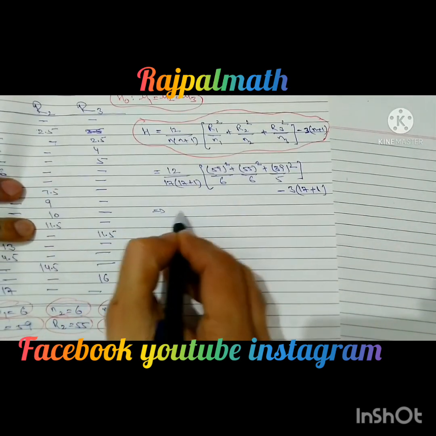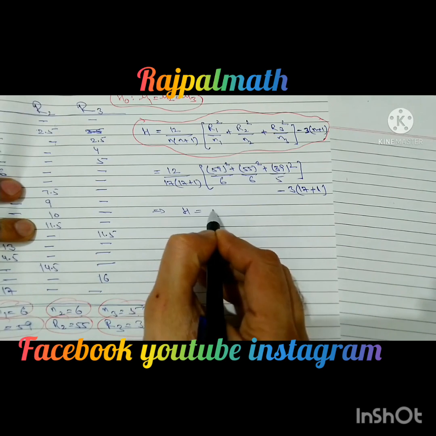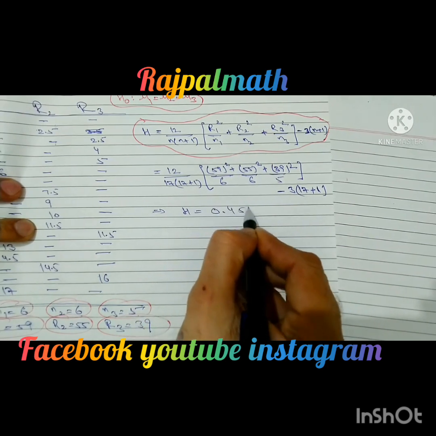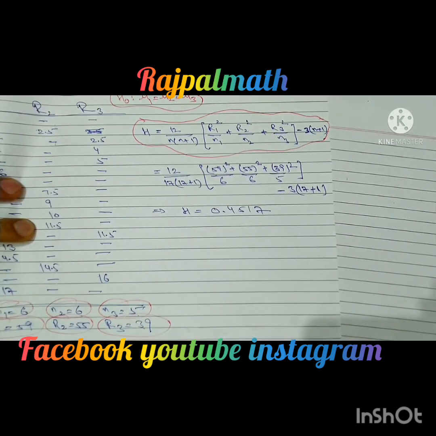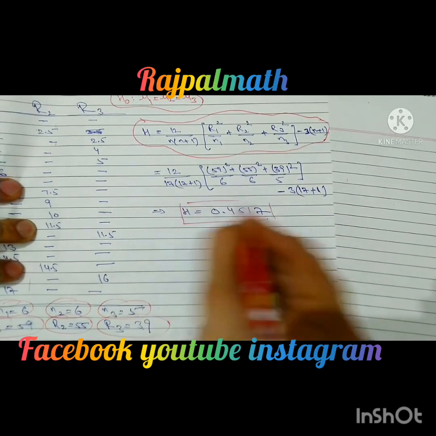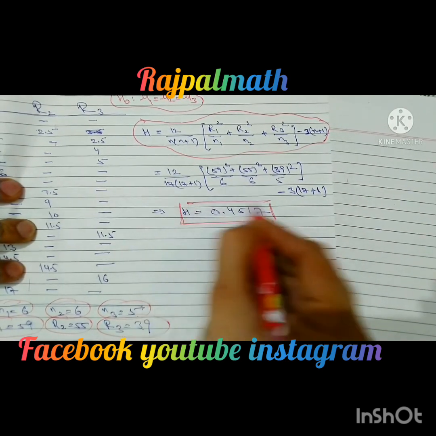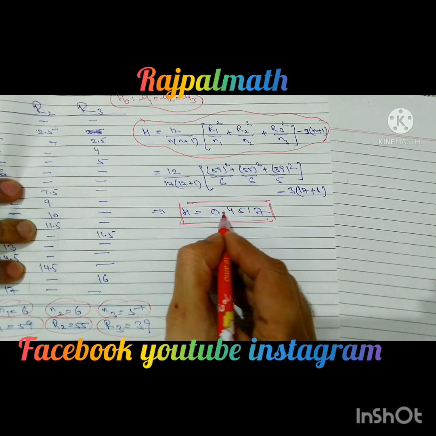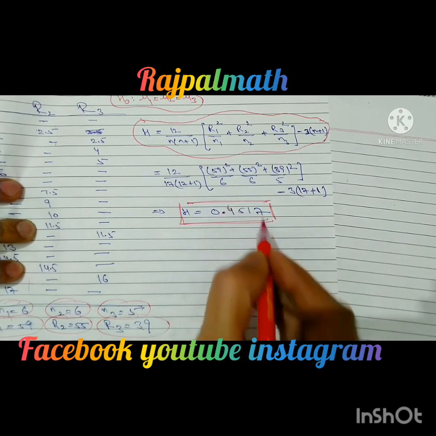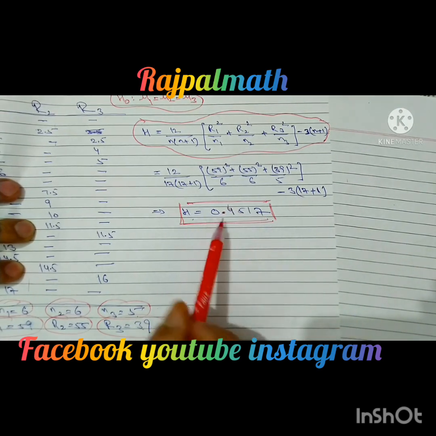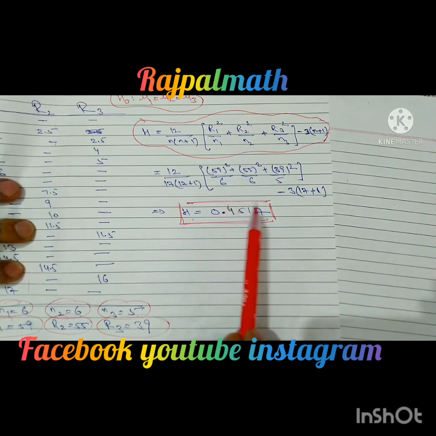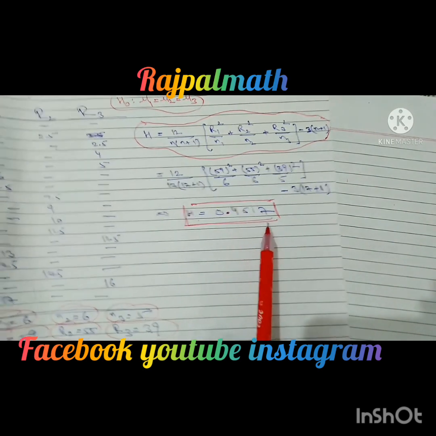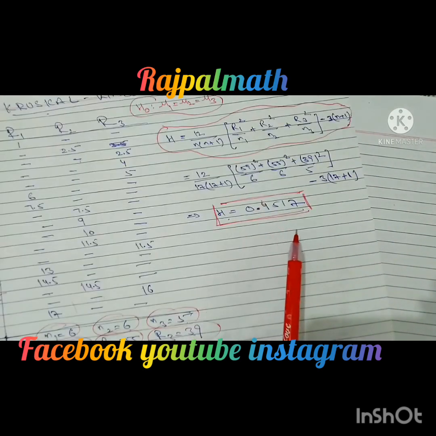By calculating all these values, we get H equals 0.4517. So the calculated value of the Kruskal Wallis H test is 0.4517.